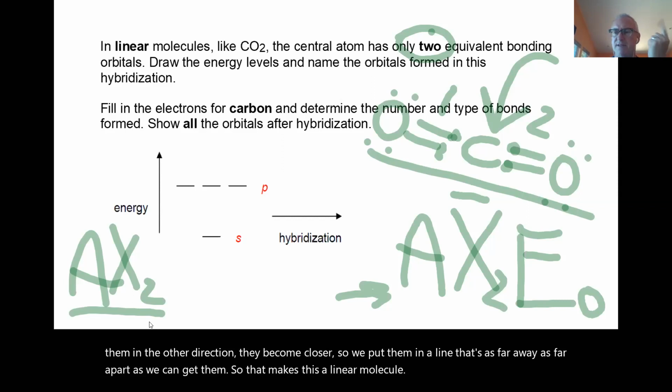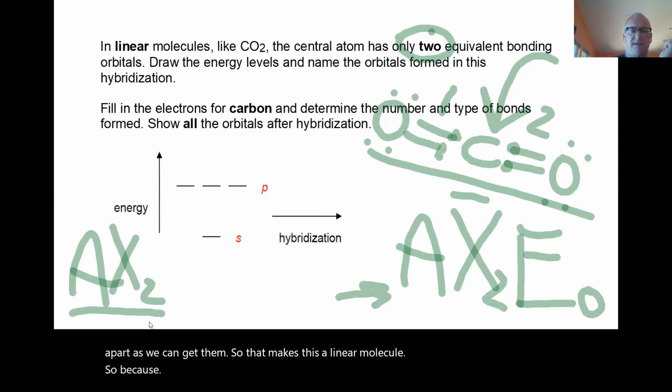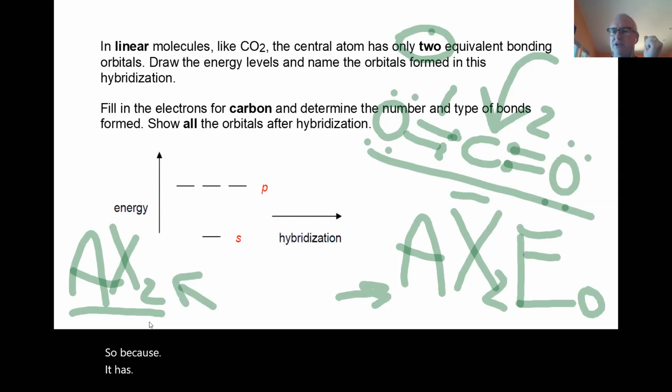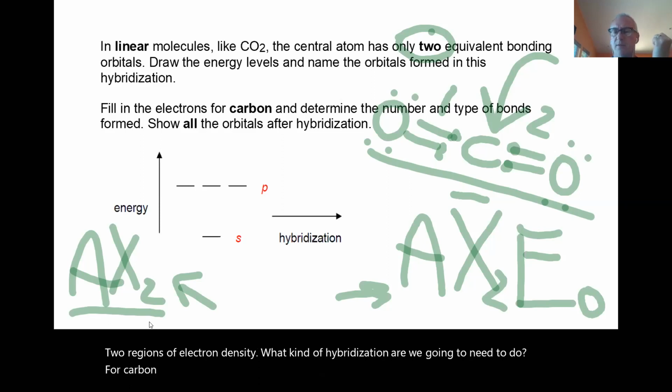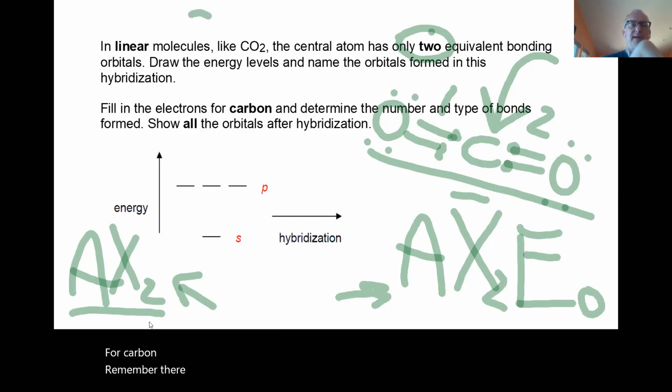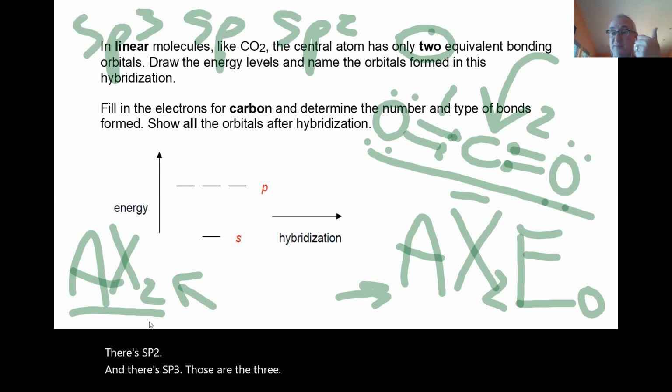Because it has 2 regions of electron density, what kind of hybridization are we going to need to do for carbon? You remember there's sp, there's sp2, and there's sp3. Those are the 3 hybridizations that are available to us with carbon.